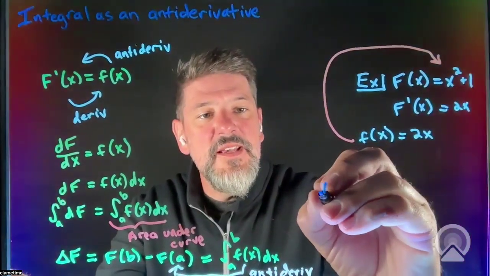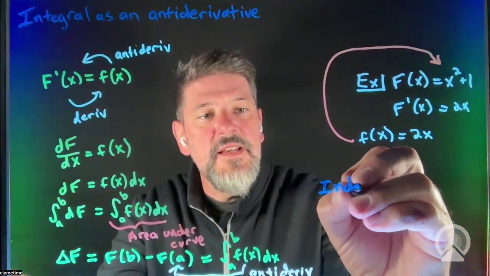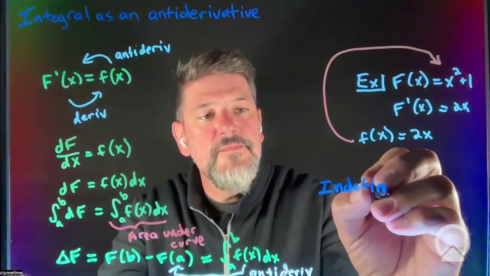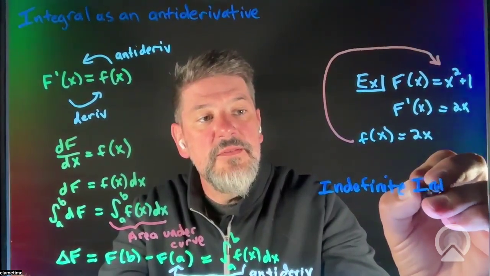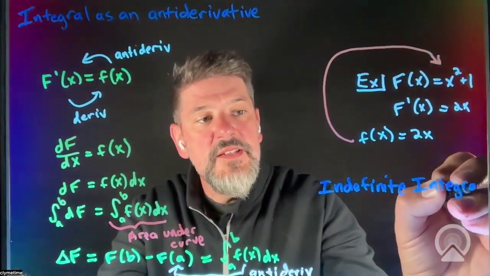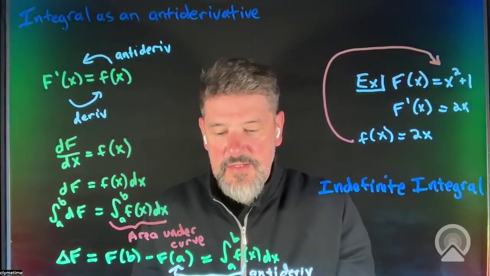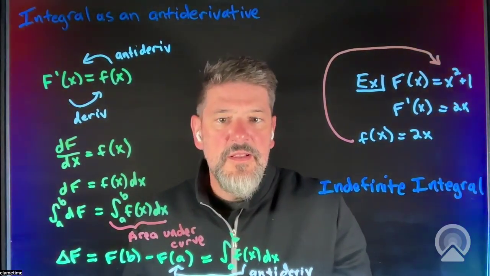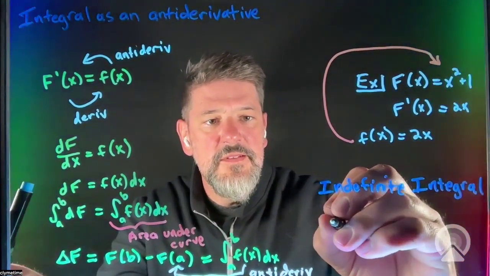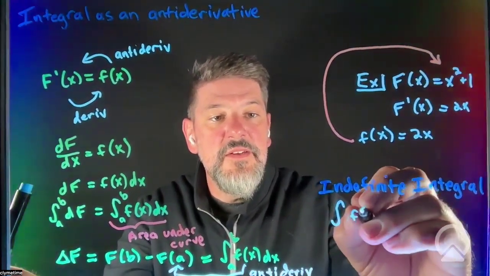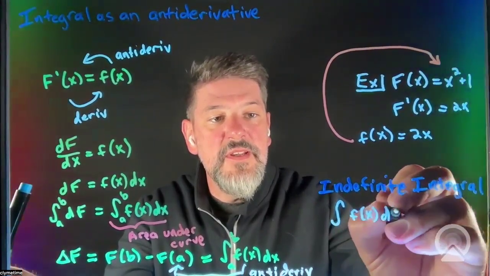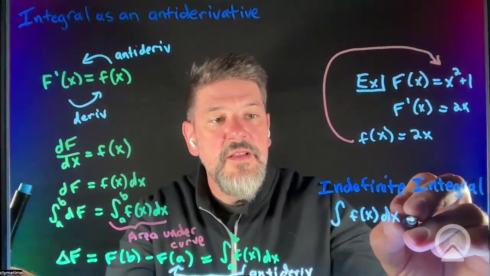You have something called an indefinite integral, indefinite. So that means basically you have no bounds. So an indefinite integral will look like this. We have an integral of f of x dx, and notice there are no bounds on it, nothing here and here.